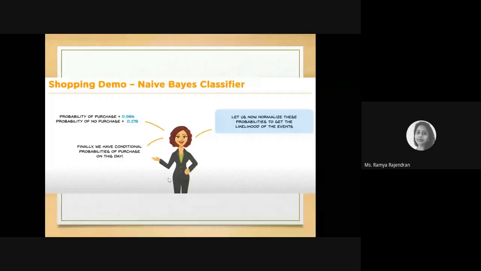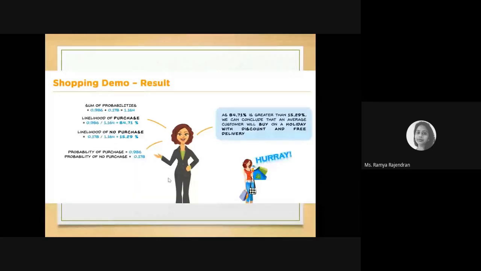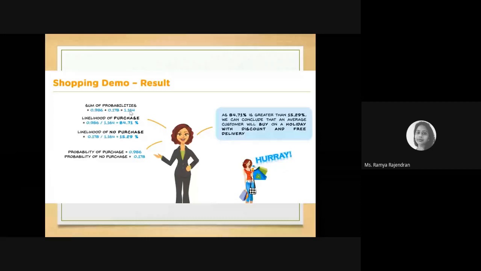So for that you have to compute a percentage. The sum of both the probabilities is 1.164, because we have only two different class labels here, right? Whether the person is going to buy a product or not buy a product. So it's actually a binomial classification.